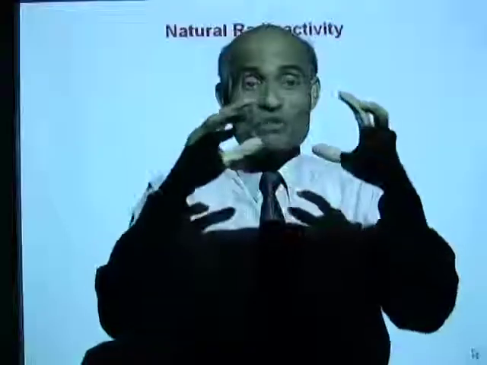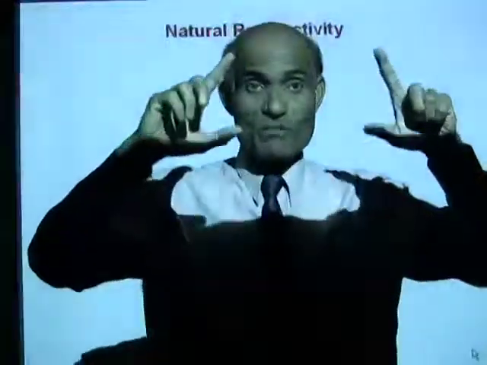In this lesson, we are only concerned with the nucleus. Radioactivity is a nuclear process, something that happens inside the nucleus. So we are not worried about the electron structure outside the nucleus.